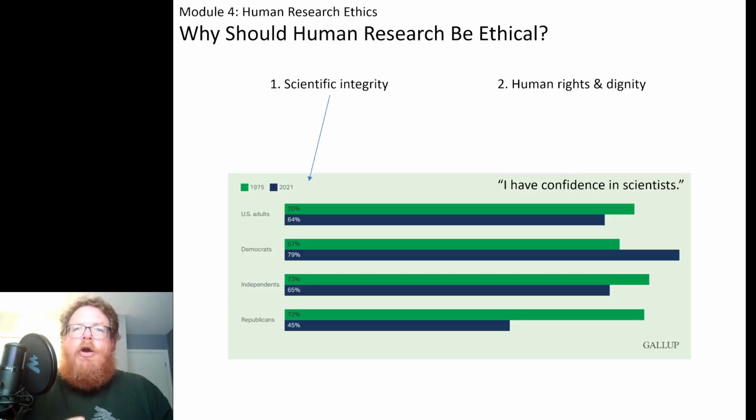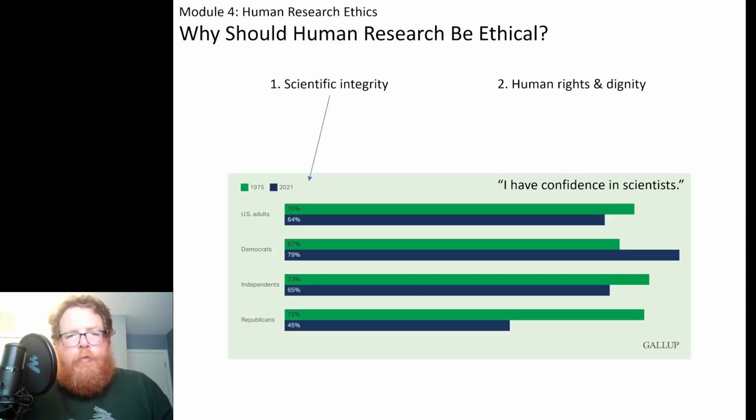As soon as the public perceives that scientists will do whatever they need to do to guarantee their own personal success or get the results they want, as soon as people see that scientists are willing to act in unethical ways to get what they want, then that erodes the integrity of the entire scientific field.